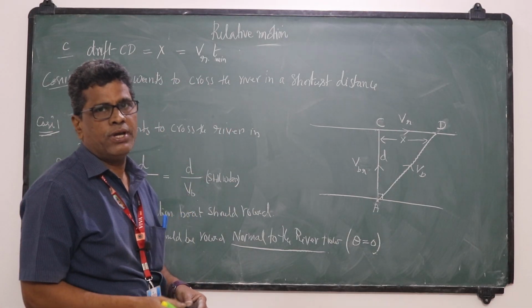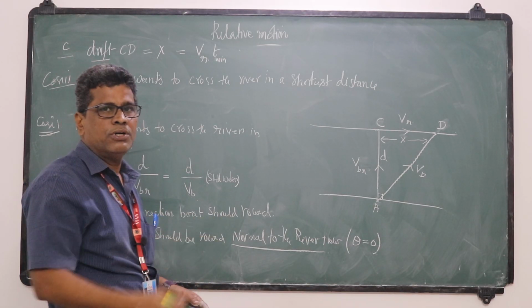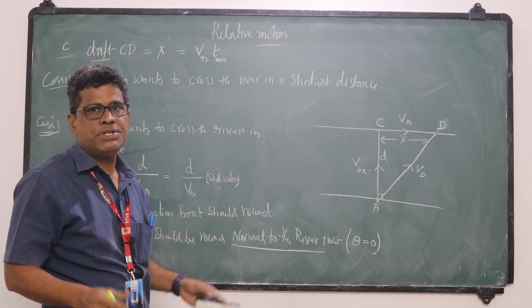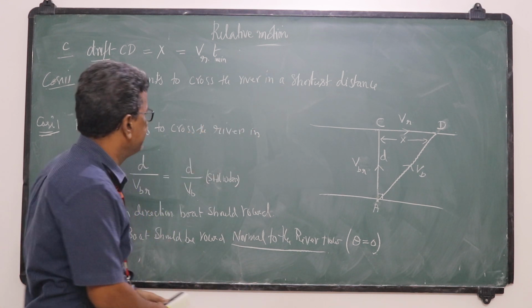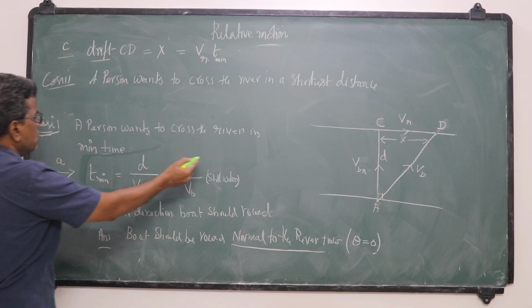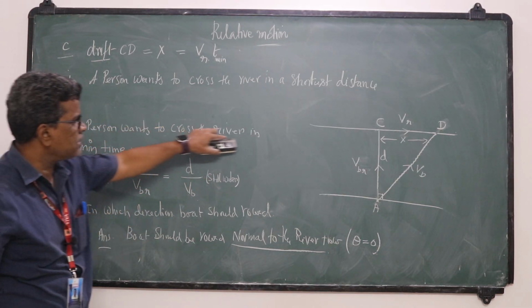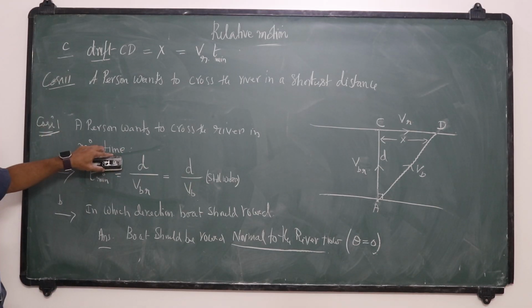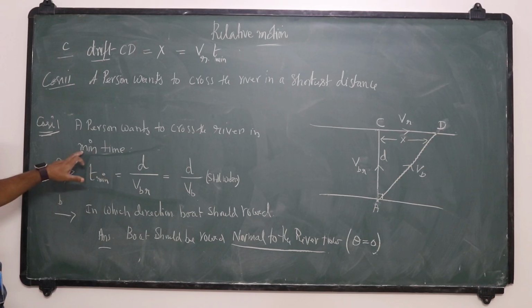He has no fuel in the boat, so to row the boat, he has not sufficient fuel. In the previous case, a person wants to cross the river in the minimum time, which means he has plenty of fuel but no time. This is case 1.